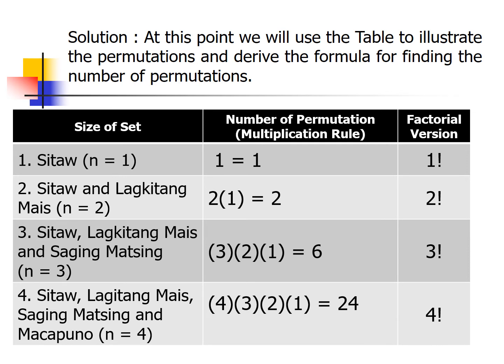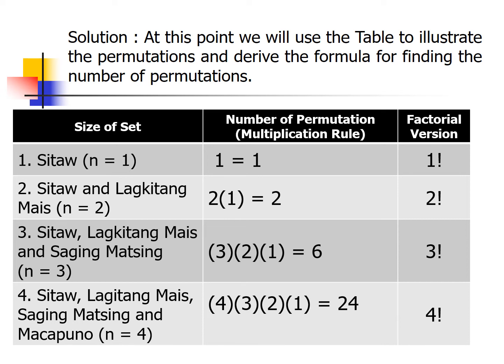Next, sitaw, lagkitang mais, and saging matching. Ilan yan? 3. So, n is equal to 3. Dahil ang first number is 3, I will multiply 3 times 2 times 1. Dapat isipin nyo, pababa ang i-multiply nyo. Hindi pataas, kundi pababa. And that is equal to 6. So, 3 factorial is equal to 6. And fourth, sitaw, lagkitang mais, saging matching, and makapuno. Bali, 4 siya.